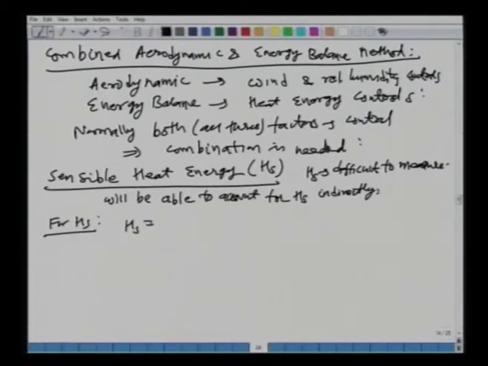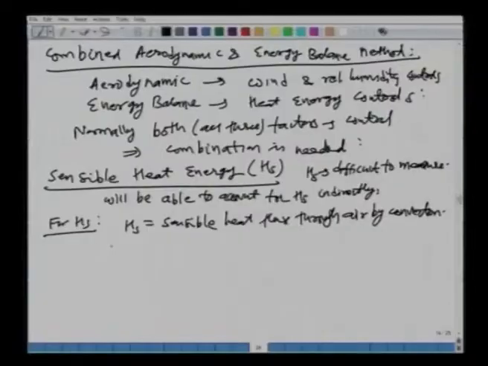What is Hs? It is the sensible heat flux through the air, physically by convection. It is the sensible heat flux which goes back into the atmosphere out of the Rn that comes in, through convection.